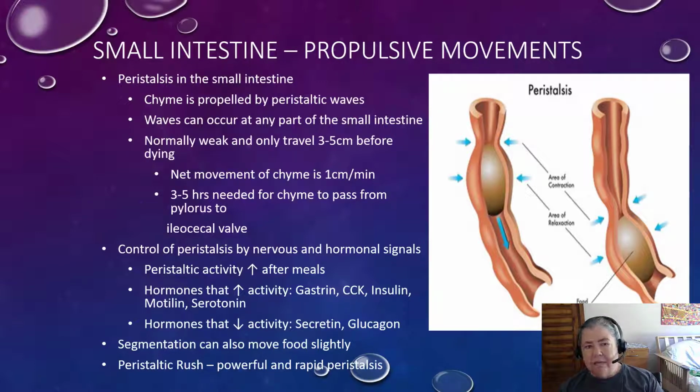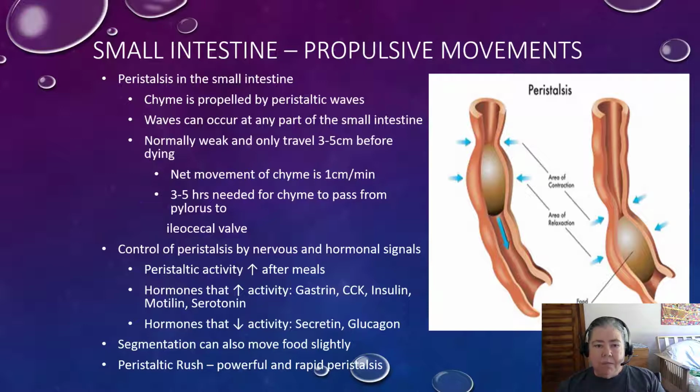So this is a very slow kind of motion. And the reason for that is that the chyme has to stay in the small intestine for 3 to 5 hours in order to pass out of the small intestine into the colon, so that everything that needs to be digested is digested and everything that needs to be absorbed is absorbed.